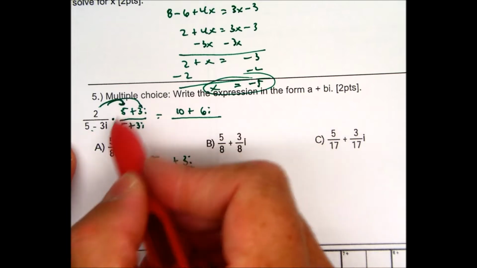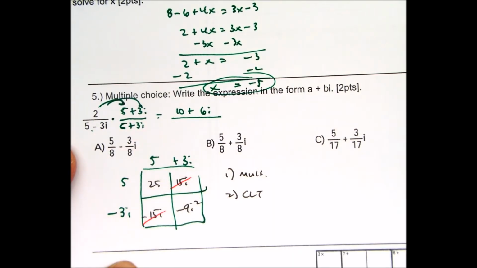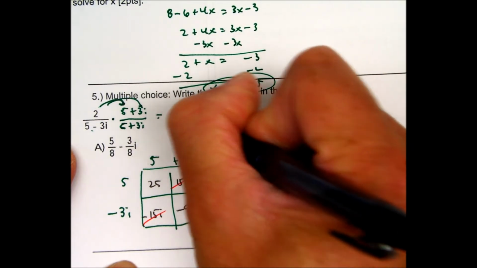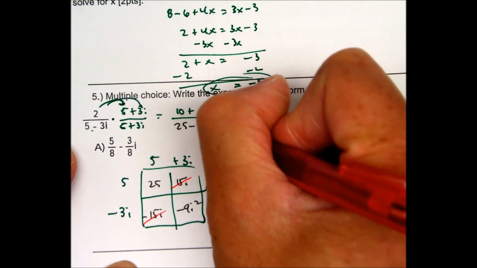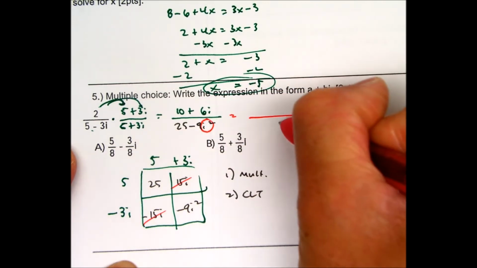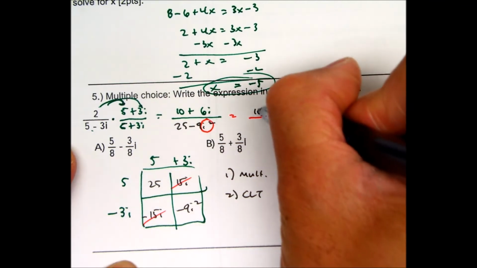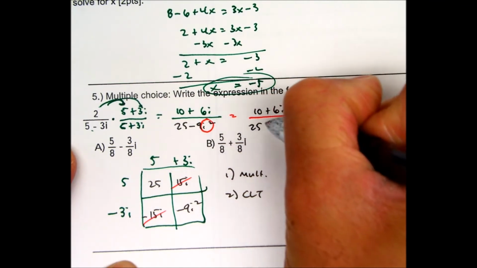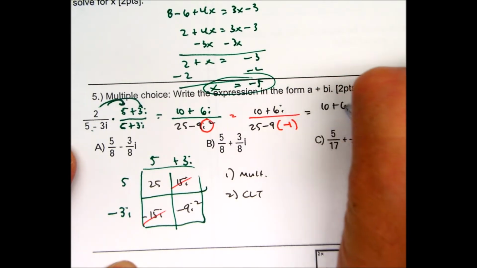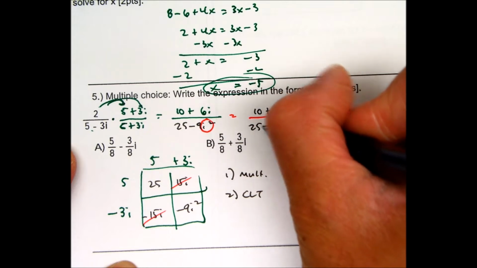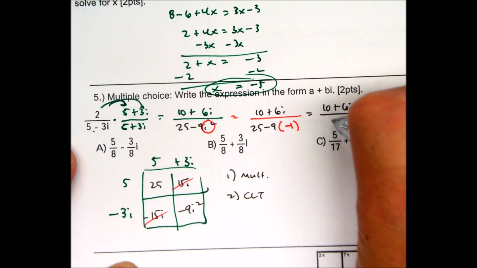Remember, the purpose of the conjugate is a difference of squares problem, so these will cancel. And you're left with 25 minus 9i squared. Remember, the i squared here becomes negative 1. So 10 plus 6i over 25 minus 9 times negative 1, so that becomes a positive. So 25 plus 9 gives me 34.